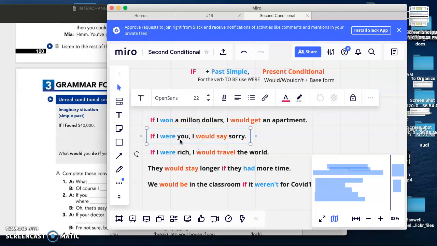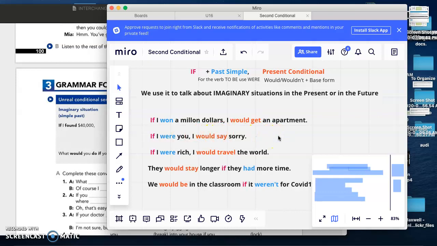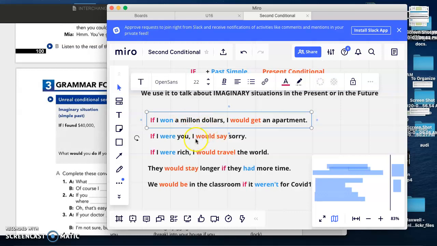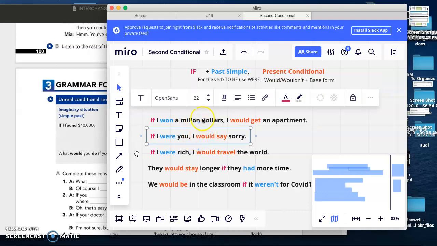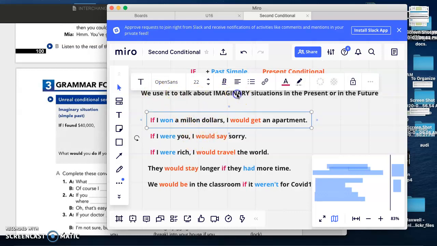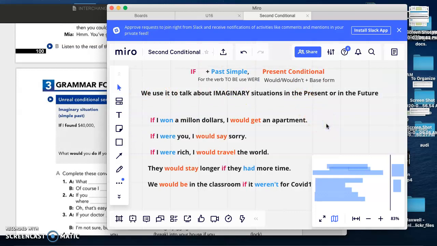In here, of course, I am not you, I am myself, and you are yourself. So if I were you, I would say sorry. So this is an imaginary situation. I haven't won $1 million, and I am not you. So I am just imagining that this situation is real, and I am just giving you a solution or an advice for this imaginary situation that I am creating in my head.